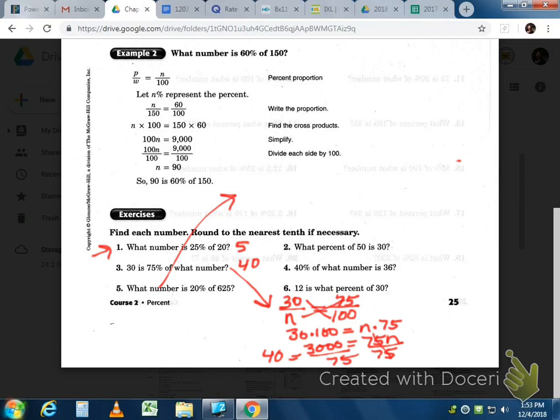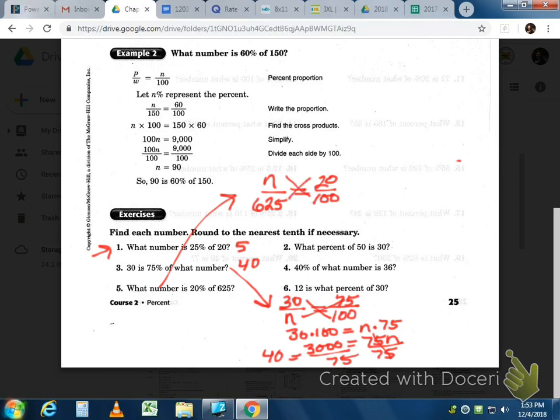Fraction bar, equal sign, fraction bar, 100 on the bottom right. Did they give me a percentage? Yes, 20. 20 goes above the 100. Do you see the word "of"? So where's it go? Bottom. And then no other number.